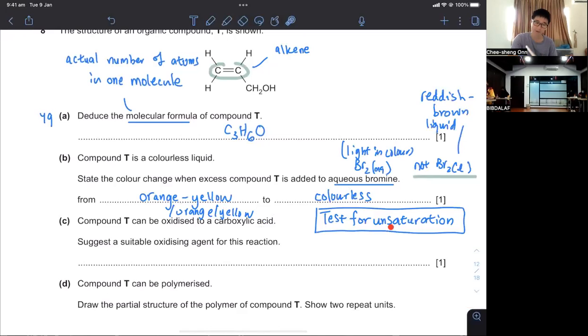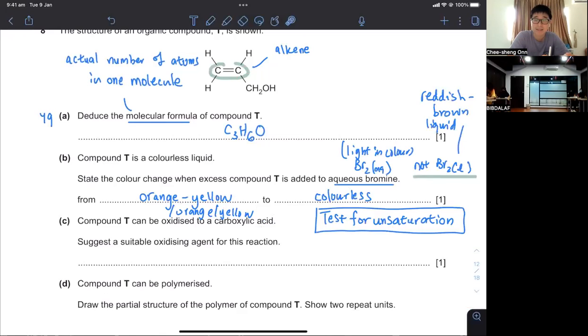That is the test for carbon-carbon double bonds, because carbon-carbon double bond can undergo addition reactions. Whereas if you have alkanes and you add in aqueous bromine in the dark, it will remain orange-yellow. It's a negative reaction, no decolorization. It remains orange-yellow because no addition reactions onto alkane chemistry. All right?